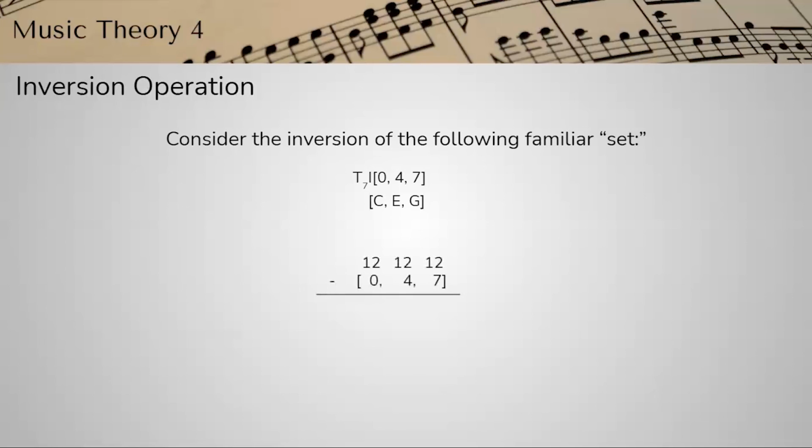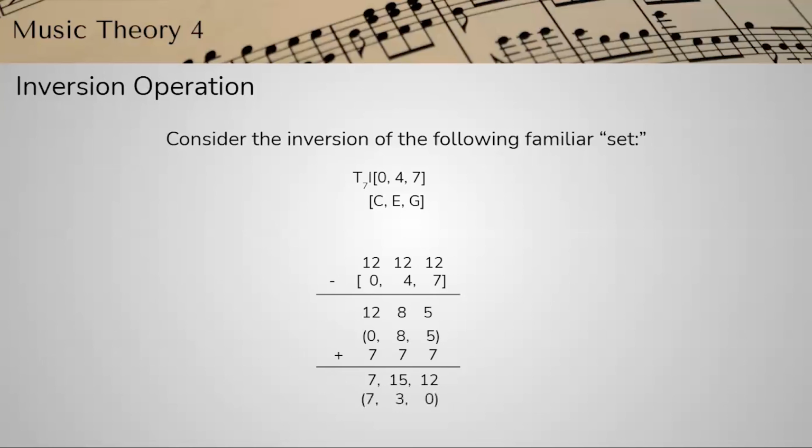So going with the numbers, to invert this, right, we subtract all these from 12 and we end up with 12, 8, 5. Okay, modulo this time, so we end up with 0, 8, 5, right? Now we also want to transpose it, so we're going to add 7 to each of these numbers. So 7 plus 0 is 7, 7 plus 8 is 15, 7 plus 5 is 12.